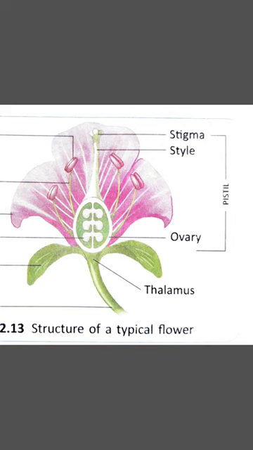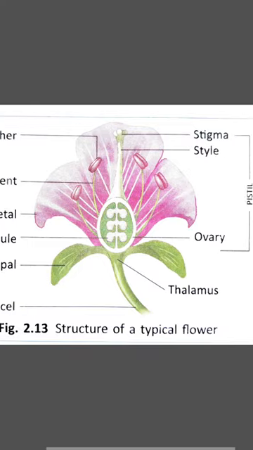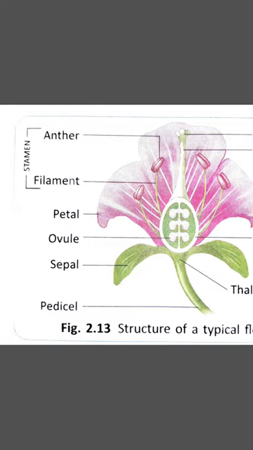The cylindrical part is known as the style, and the oval part is known as the ovary. These three parts make the pistil or the gynoecium. The basal part of the flower is known as the thalamus, and what we hold the flower by is known as the pedicel.